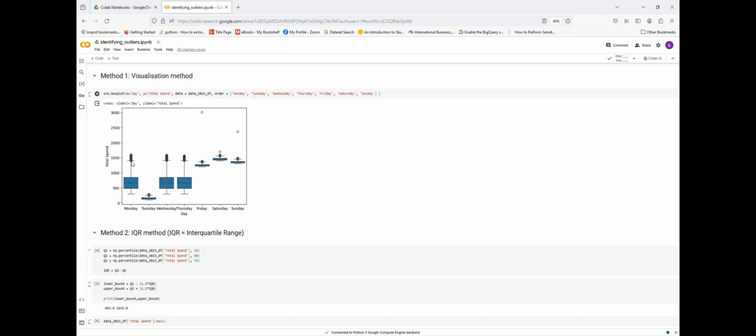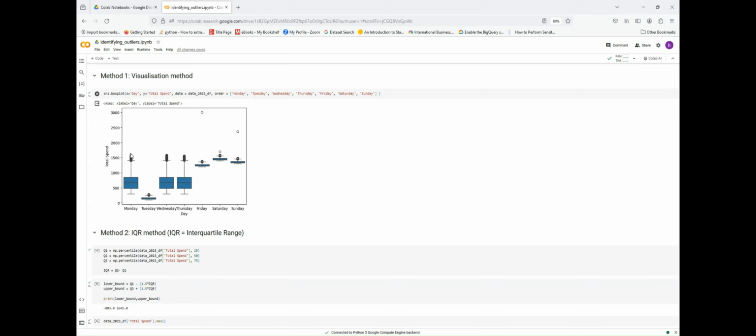And any data point that exceeds this upper whisker is represented with a circle, and the circle is the outlier. Since there are no circles below this first whisker over here, therefore there are no unusually low values.